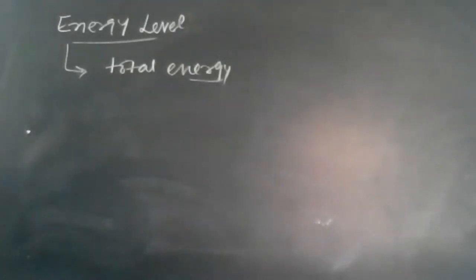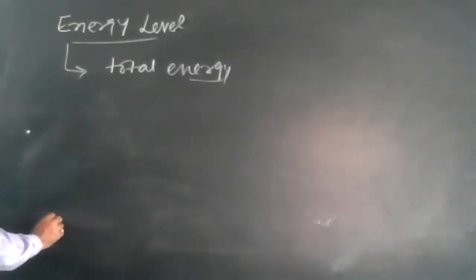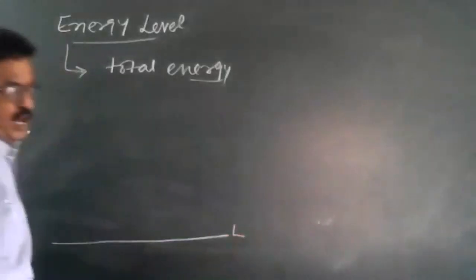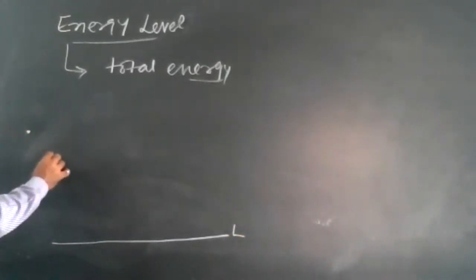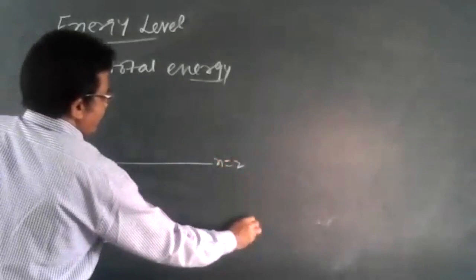We know, children, the vertical line. Here I am drawing the figure first. Say this is the Lyman series, here n is equal to 2, here n is equal to 1.